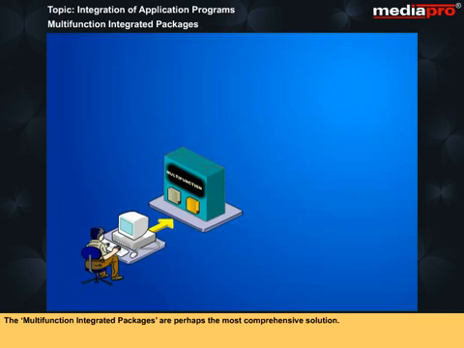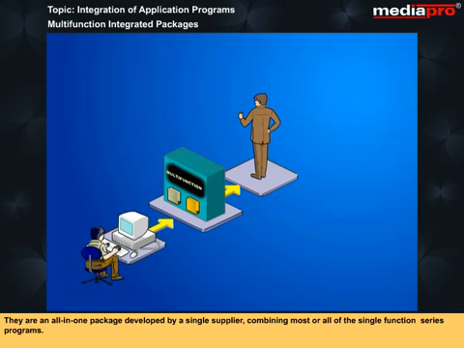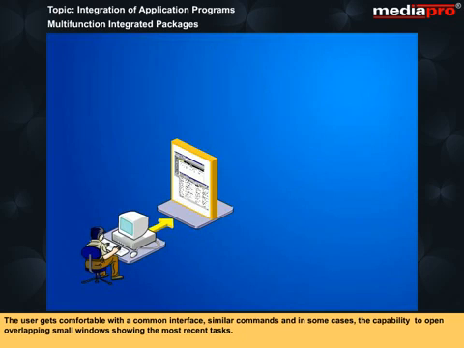The multifunction integrated packages are perhaps the most comprehensive solution. They are an all-in-one package developed by a single supplier combining most or all of the single function series programs. The user gets comfortable with a common interface, similar commands, and in some cases the capability to open overlapping small windows showing the most recent task.